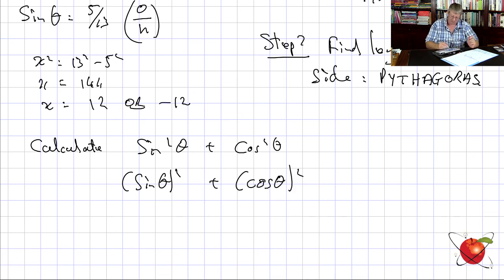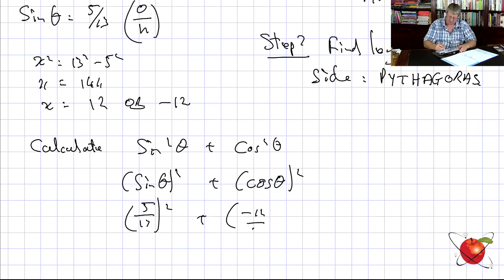Sine theta was 5/13, plus cos theta is going to be minus 12/13, isn't it? Adjacent over hypotenuse. And that breaks down to the following. It becomes 25/169 plus 144/169 is equal to 1.